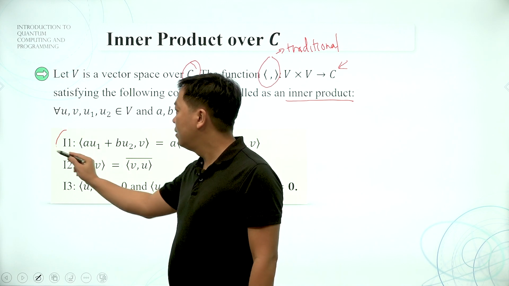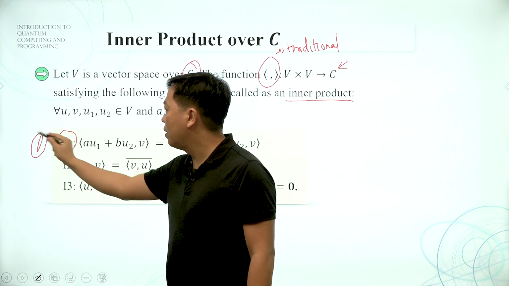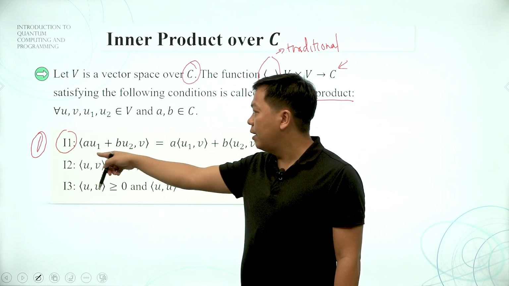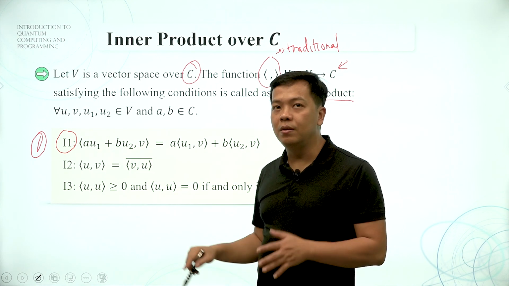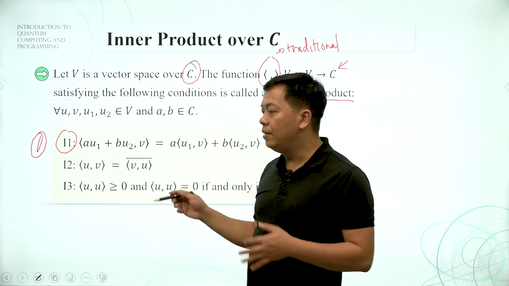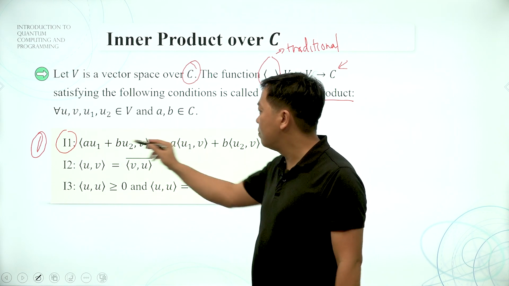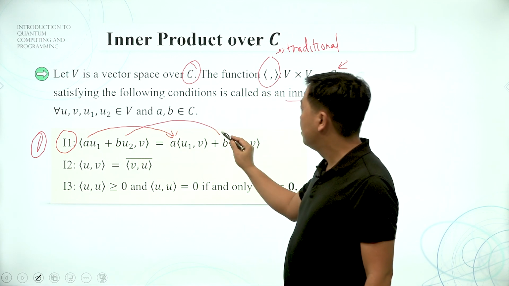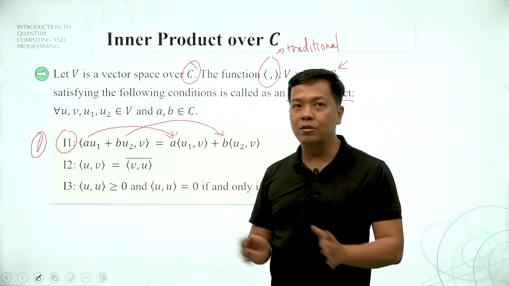The first: after you multiply in the linear operator, you can move the scalar value outside.